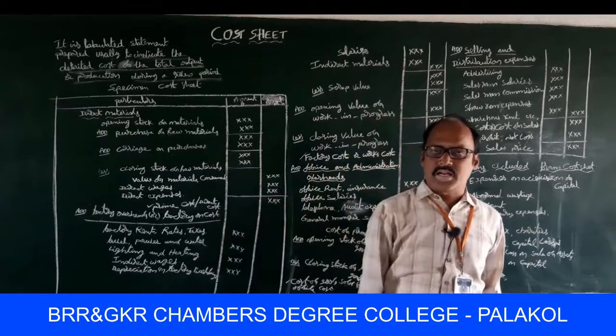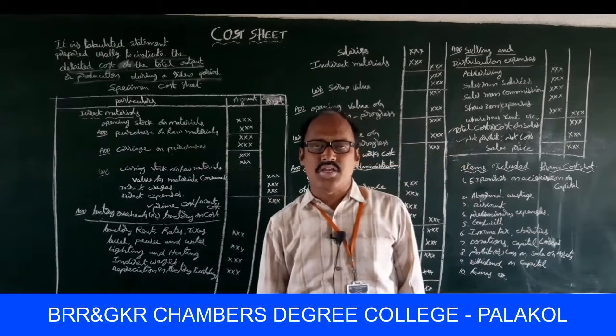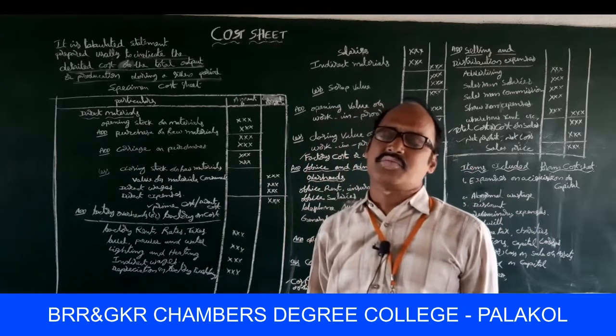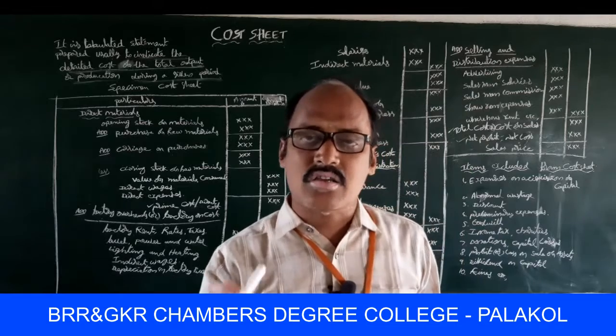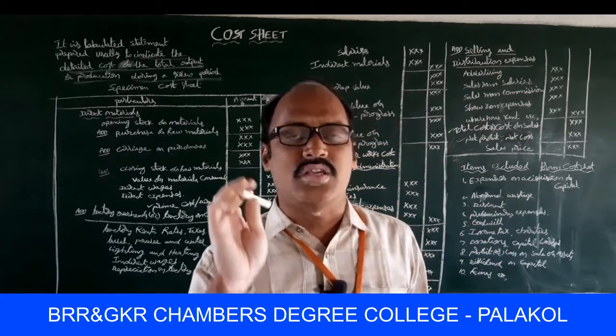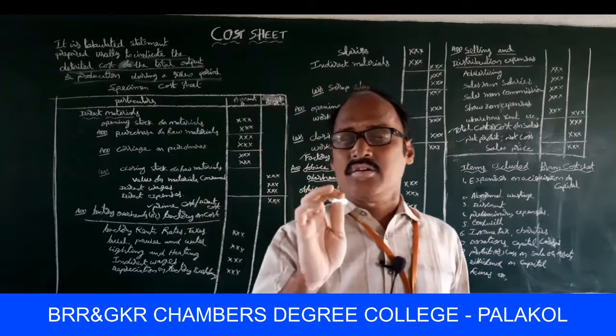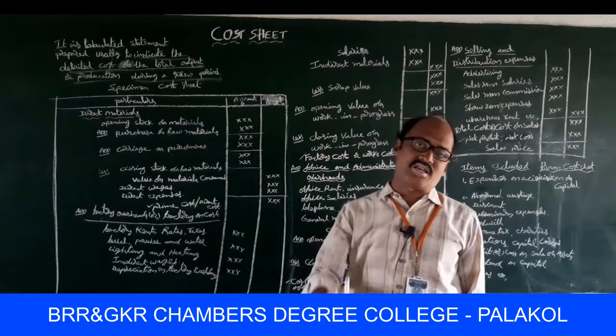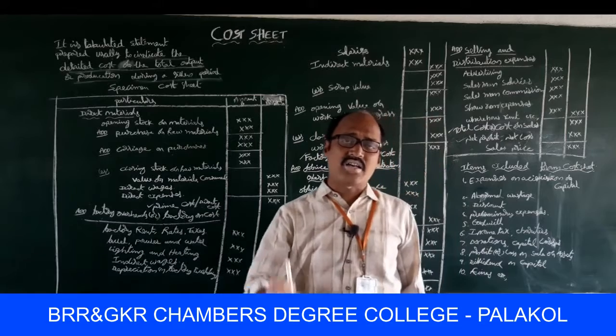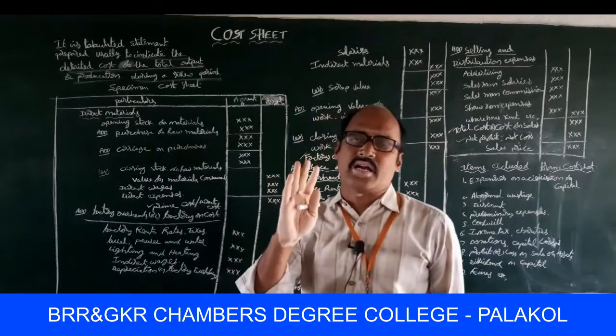Once again I am telling that cost sheet is a very useful technique. Cost sheet is very useful to find out the total cost of a product or service. In cost sheet we record several costs. The costs are classified into 4 categories.